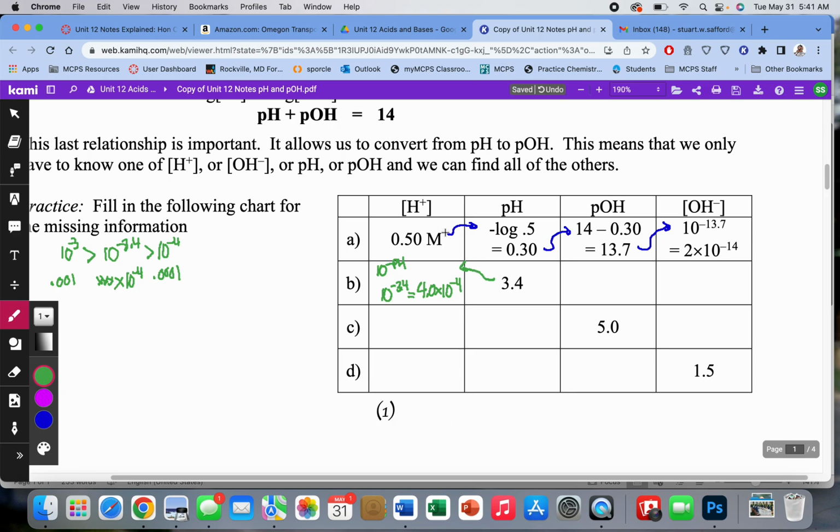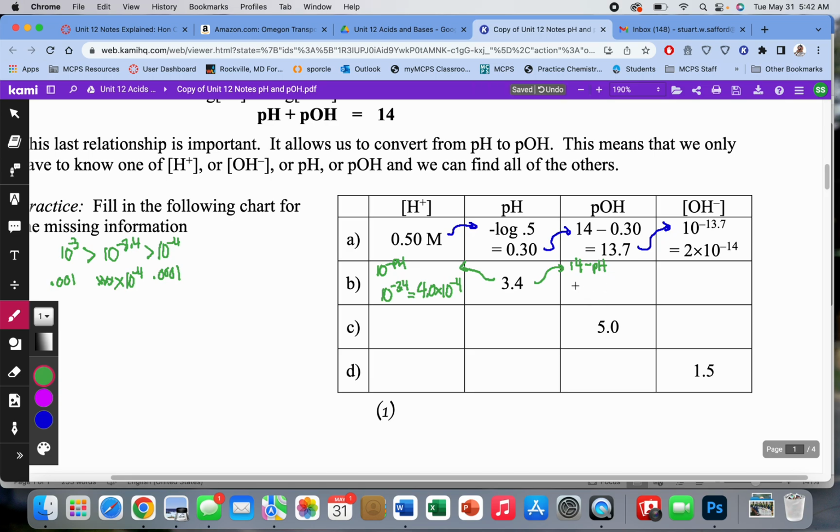It's not very big. We can go the other direction. We can go from here to here, and we'd say that 14 minus the pH is equal to the pOH.